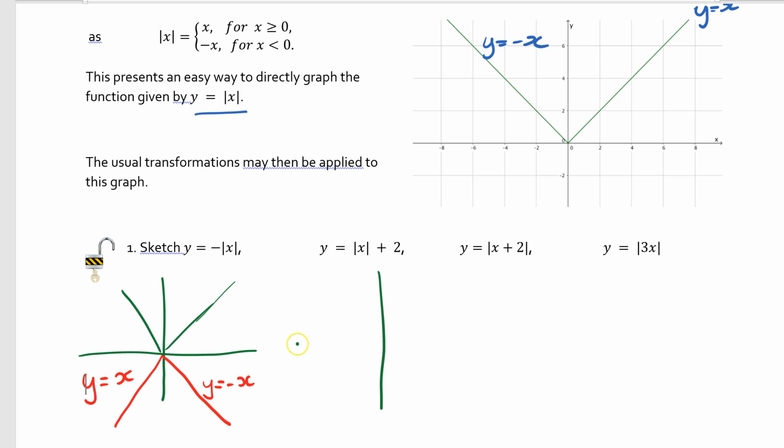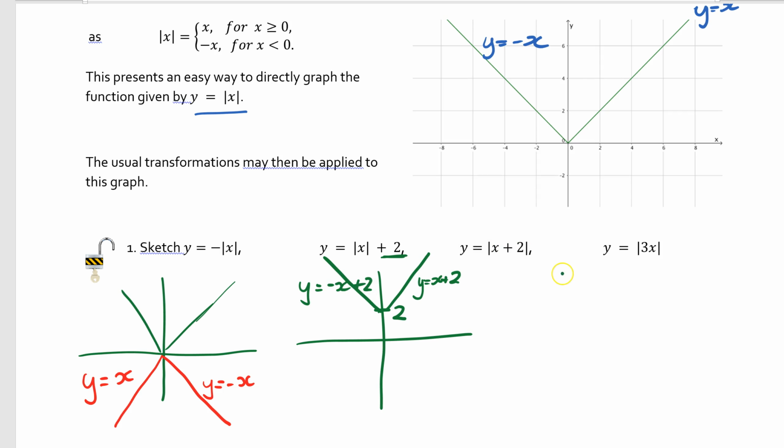Now y equals mod of x plus 2, we know the effect of the +2 is just to shift it up the axis. So we have our V shape here. The point of our V is at 2, and again, the equation of this line is y equals x plus 2, because its y-intercept is 2, and this is y equals -x plus 2.